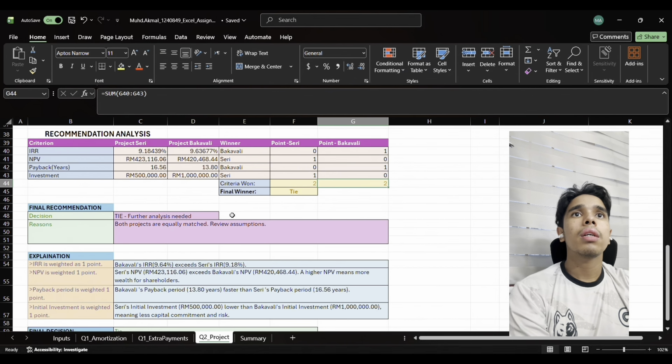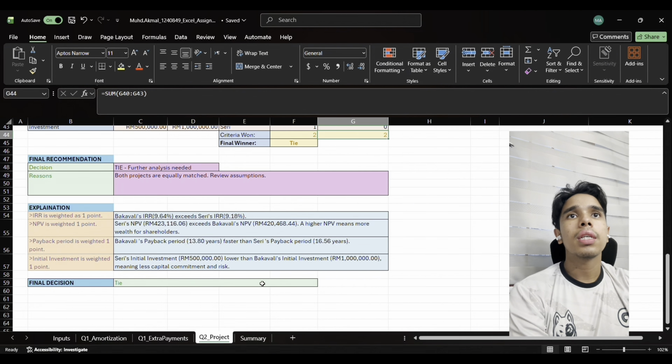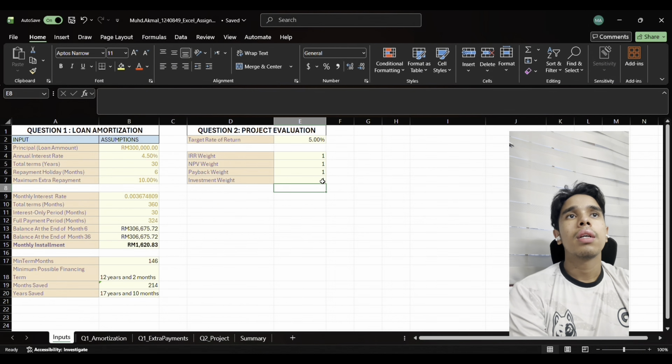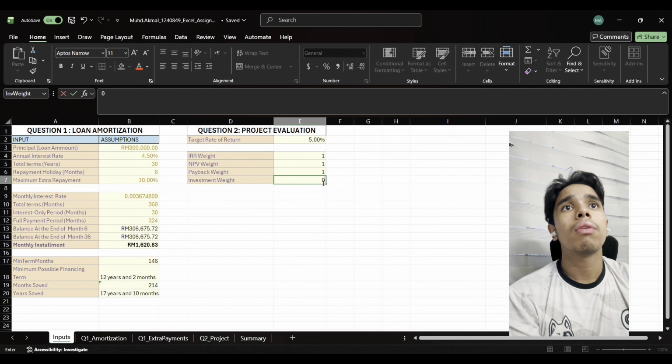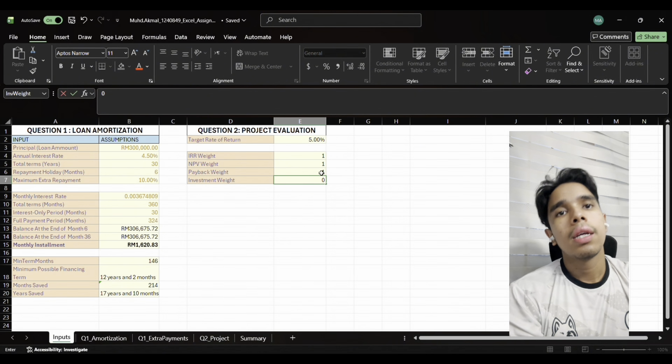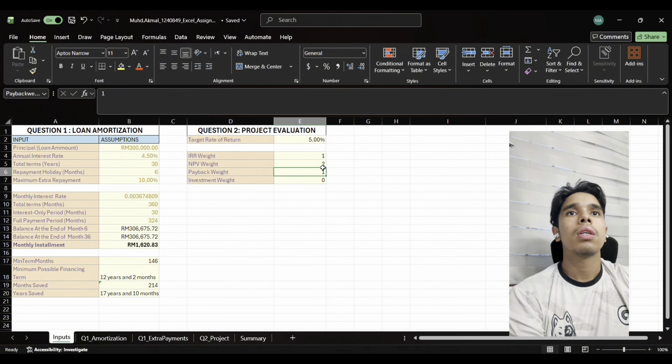For the decision will be a tie, further analysis is needed. So in the question, we just assume there is no need for the initial investment criteria, and NPV is 2 because it's the most important.